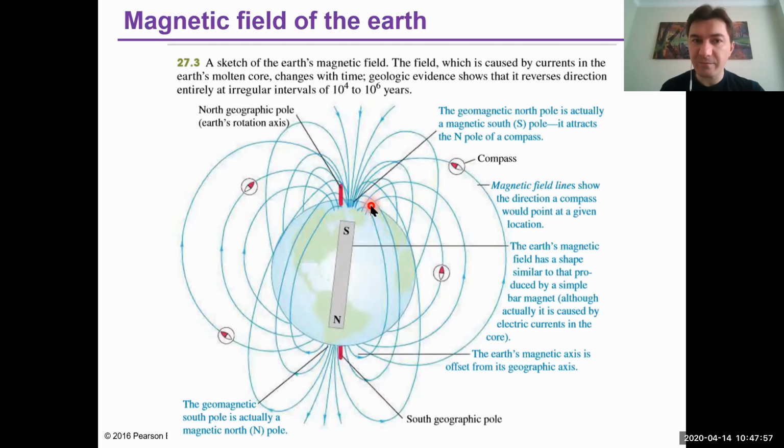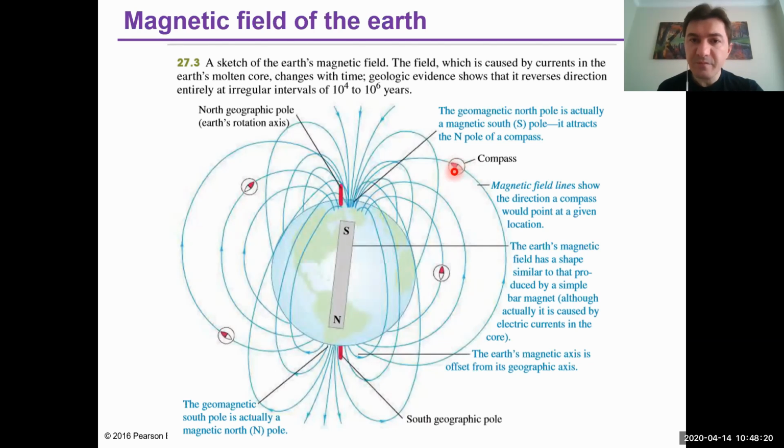Don't forget this. So what happens if you put a compass here? Compass needle, for example, let's consider that this is a compass, okay? Pusula in Turkish. So the red one is the North Pole of the compass. This is the South Pole.